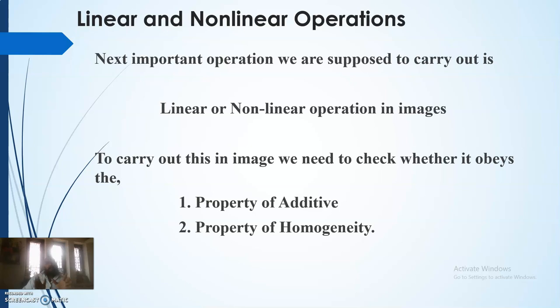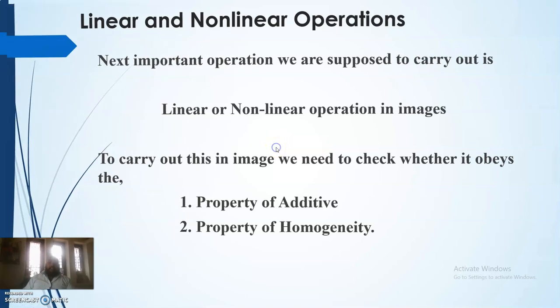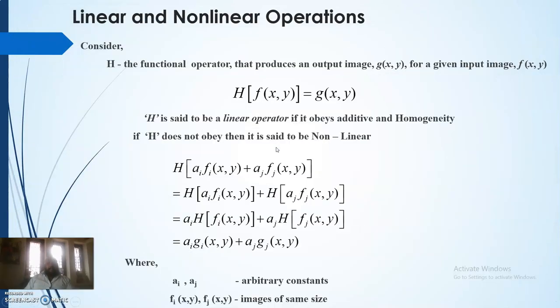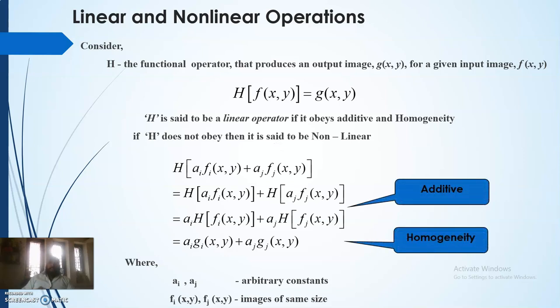If it obeys additivity and homogeneity, then we can call it linearity. If it does not obey the additive property and the homogeneity property, then the function is said to be non-linear.